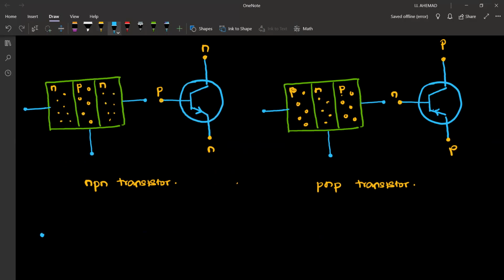First point, BJT is an electronic device with 3 regions and 2 PN junctions.